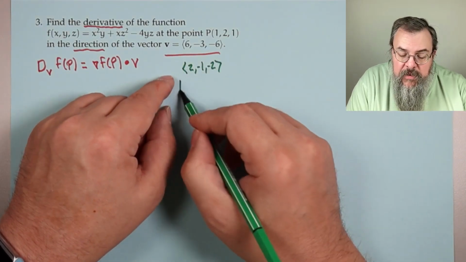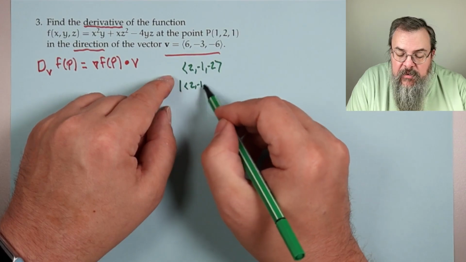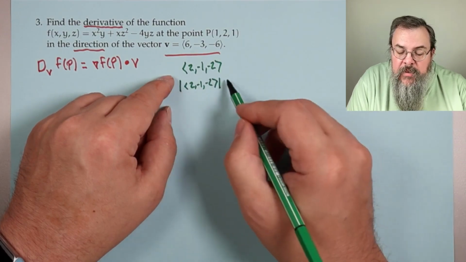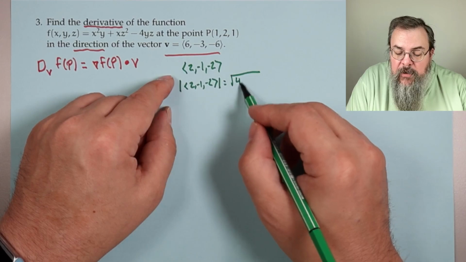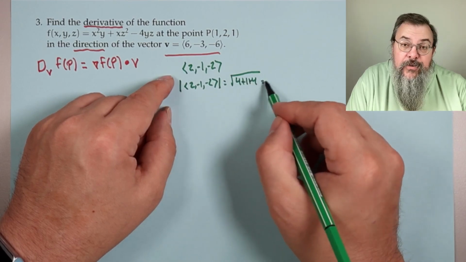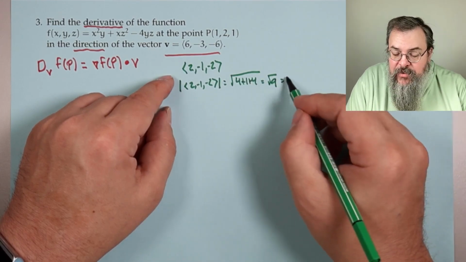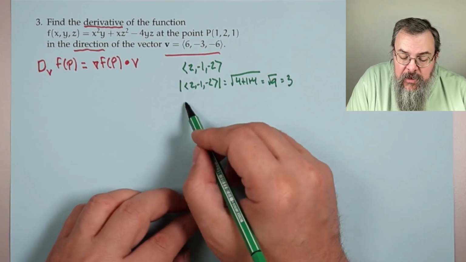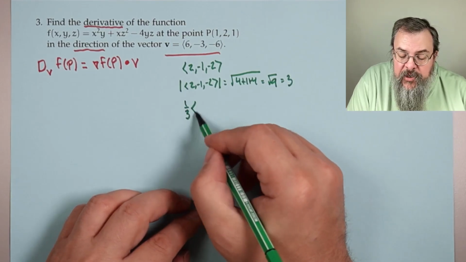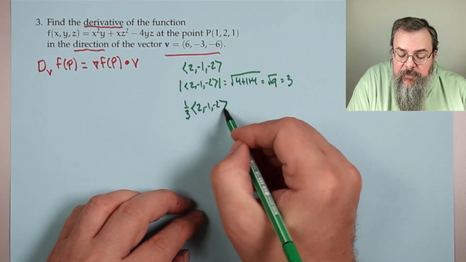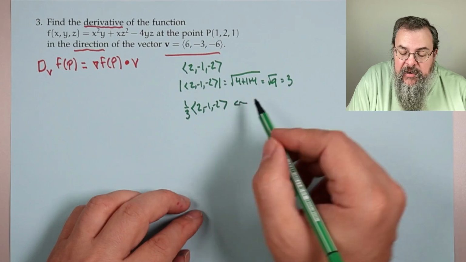Now, find the magnitude of that. That's the square root of 4 plus 1 plus 4, square root of 9, and that's 3. So our vector is 1/3 times 2, minus 1, minus 2. This is our unit vector.